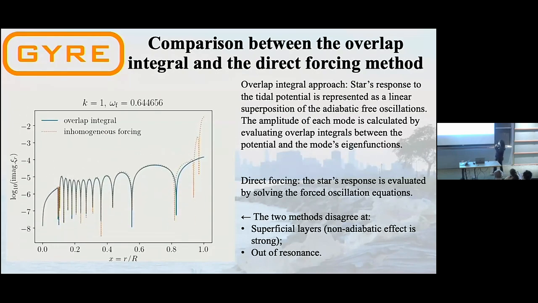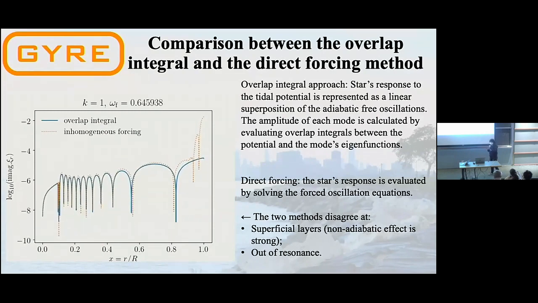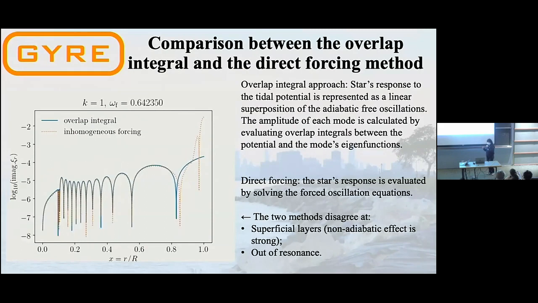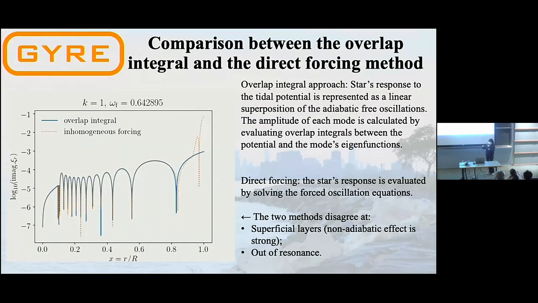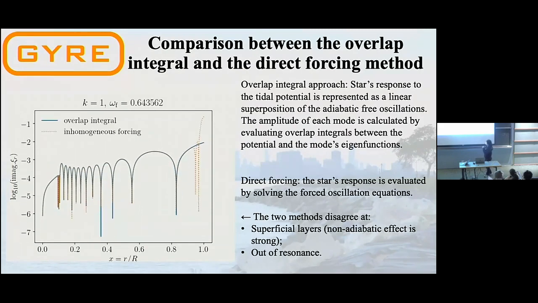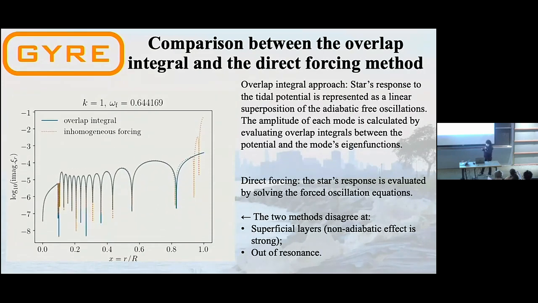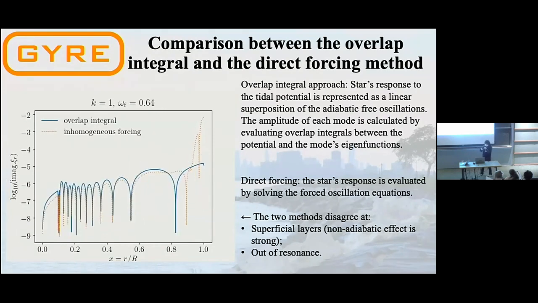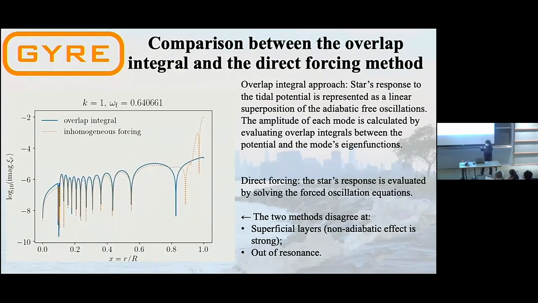The advantage of this method is that there is a lot of open source code for calculating the eigenmodes for any given stellar profile, including GYRE. But it's computationally expensive, and we need to be careful about calculating the coefficients for each mode and stacking them together properly.